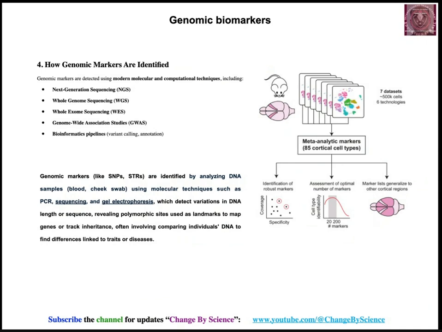In terms of technology, they are detected by using modern molecular and computational techniques, which could include next generation sequencing or NGS, whole genome sequencing, whole exome sequencing or WES, and genome wide association studies or GWAS.